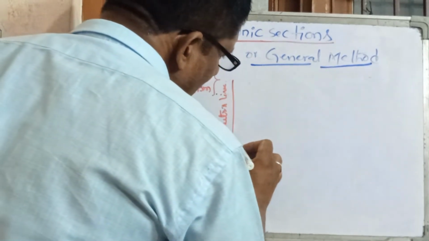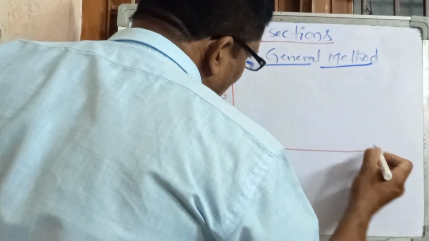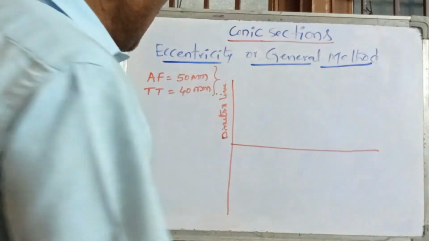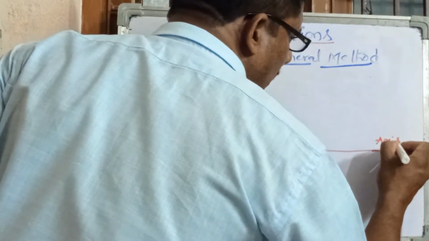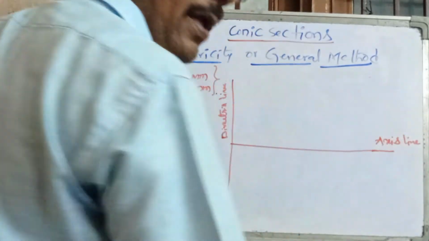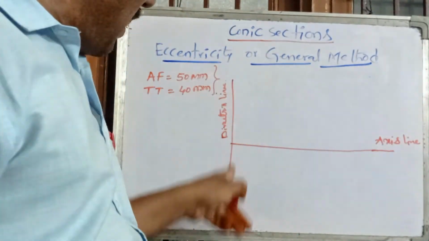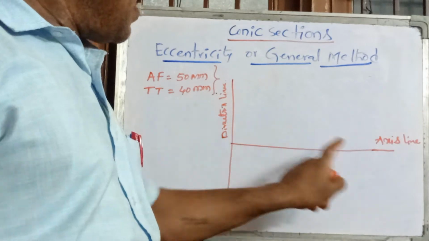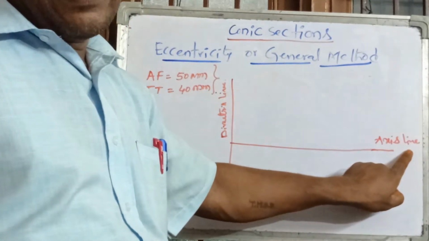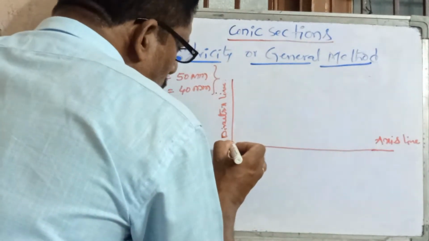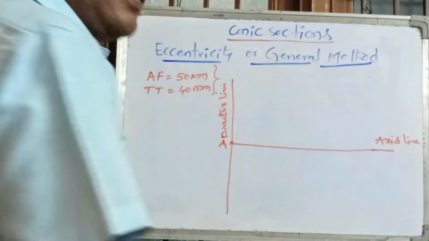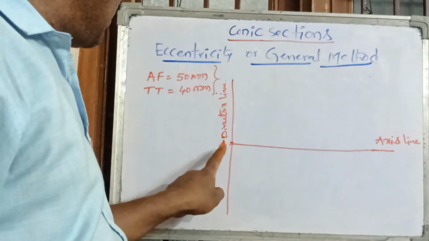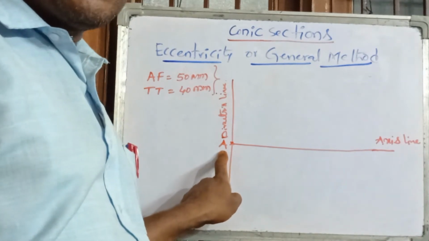Draw a horizontal or perpendicular line; this horizontal line is called the axis line. So two lines: the vertical line is the directrix line, and the horizontal line is the axis line. Their intersection point, mark it as A. We call this point A the directrix point.